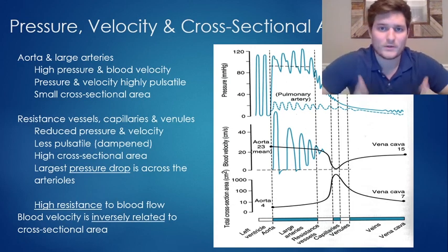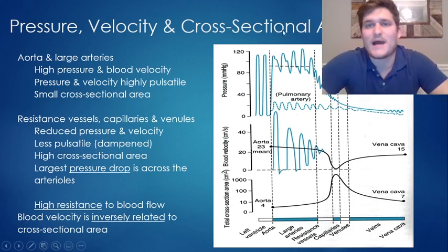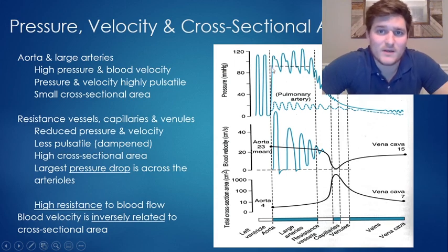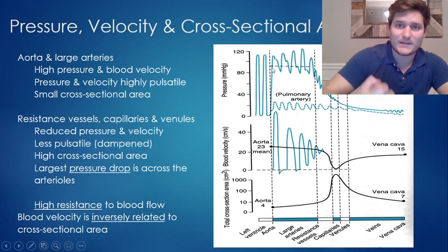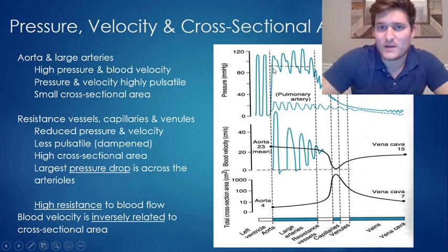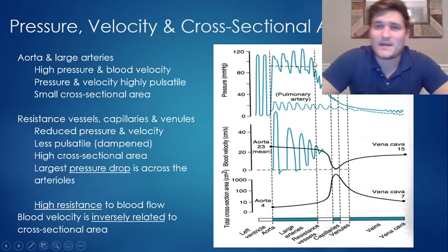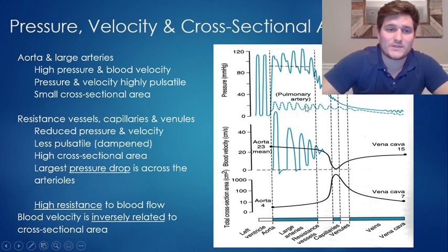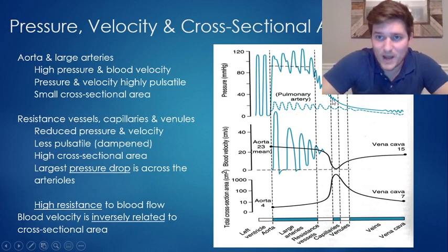And so overall, just reviewing this slide, the highest pressure is going to be within the aorta and the arteries, which are dictated by the phase of the heart. Once the heart is ejecting blood, that means that blood pressure and blood flow is going to be higher in the arteries. And then as we go from the arteries to arterioles, there is the greatest reduction in pressure drop.